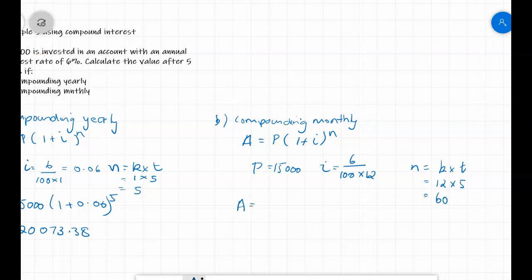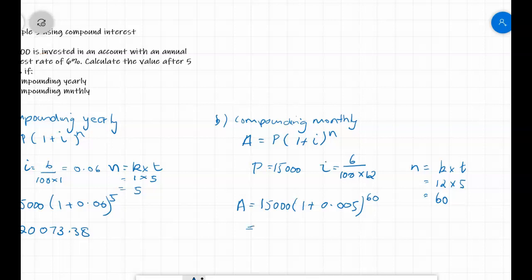A is going to be equal to the principal, 15,000, multiplied by 1 plus, I haven't put this into my calculator. Oh yes, here we go, this is the I, 0.005, and this to the power of 60.